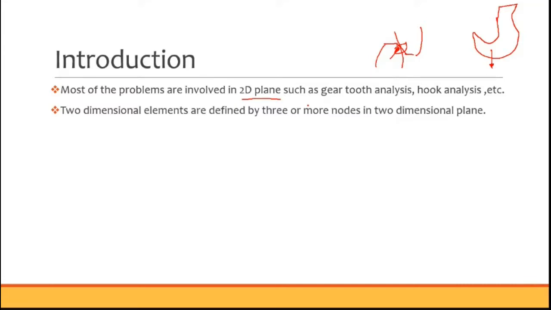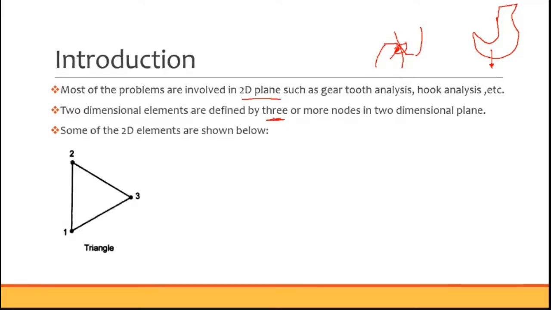Your two-dimensional element may be of different types. Minimum, you require three nodal points. Other than this, you can also have 4, 5, 6, 8 accordingly. These are a few examples of two-dimensional elements. This is a triangular element, which has 3 nodes.